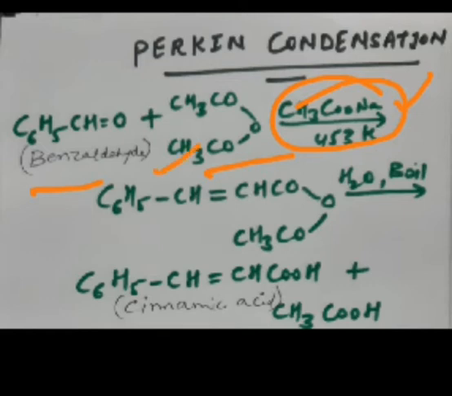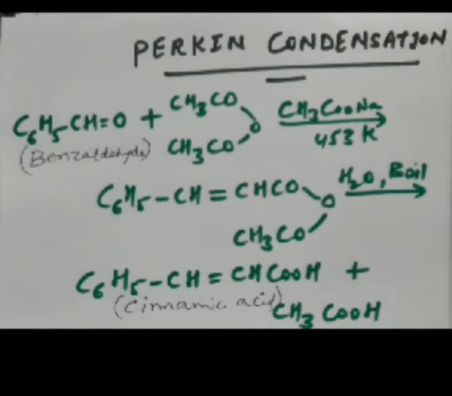So this anhydride and these basic conditions are almost equivalent to each other. You need to maintain the requisite conditions of temperature, and then in the first step it will form a condensation product. This condensation product upon hydrolysis will give you the corresponding alpha beta unsaturated carboxylic acid, right?